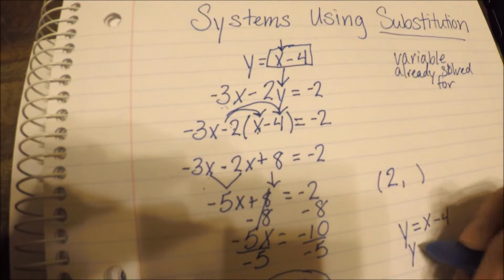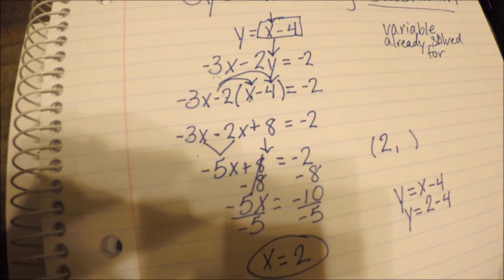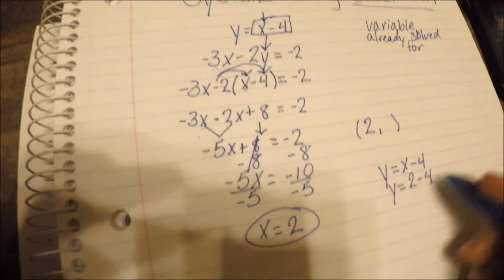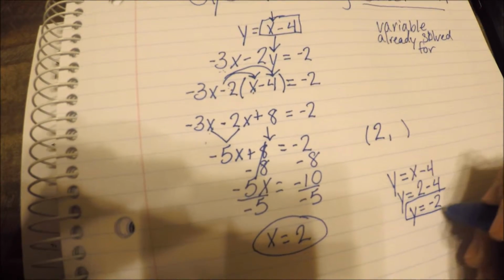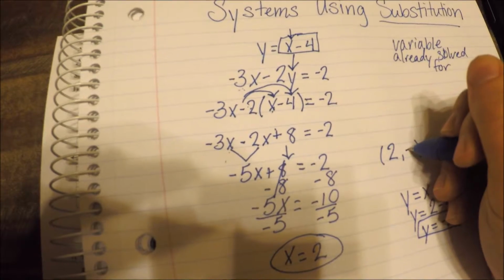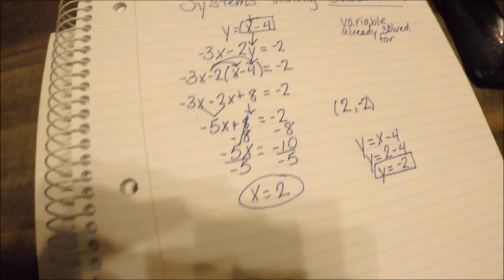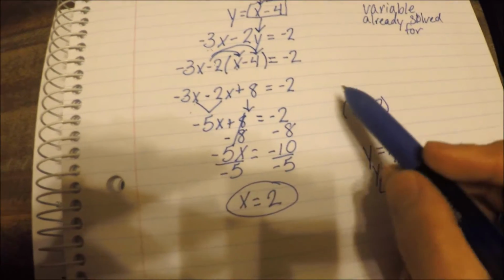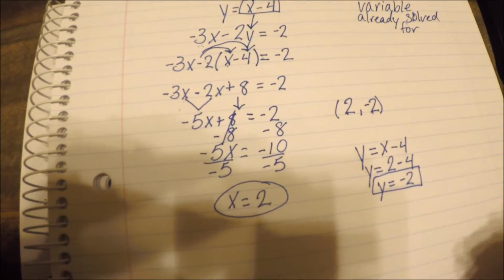So y equals 2 minus 4, and 2 minus 4 is negative 2. So the second part of my coordinate is negative 2. To relate this back to graphing, these two lines would intersect at 2, negative 2.